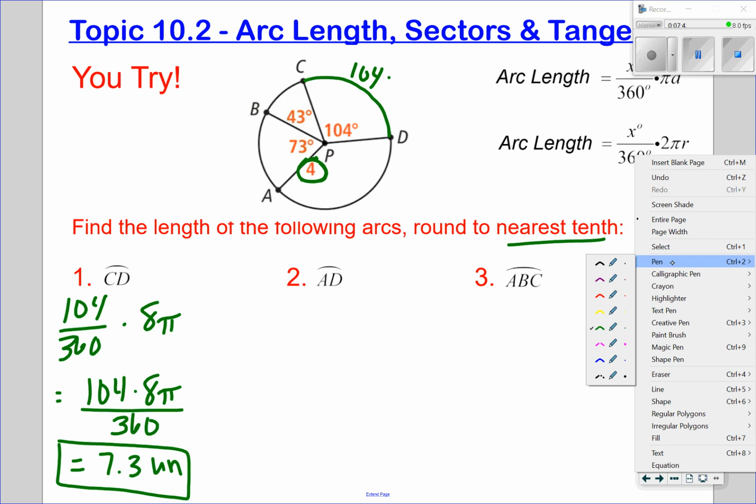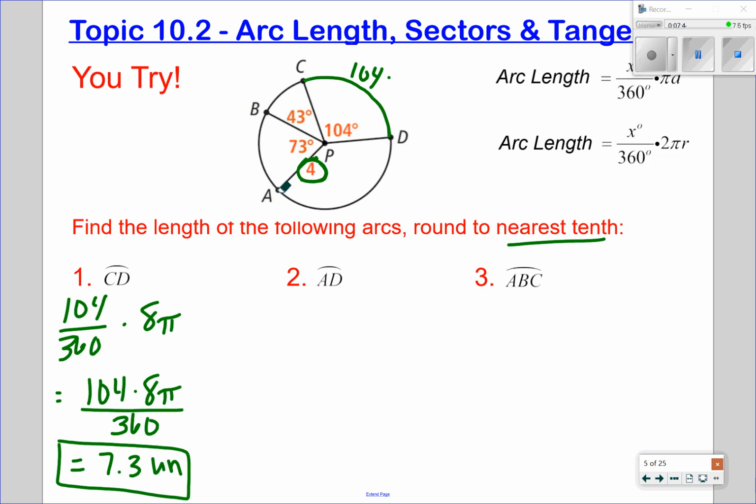For arc AD, you can go ahead, A to D, notice you go directly A to D. We don't stop through B or C, we go directly A to D. We need to figure out the measure of this. So the measure of this, we know all the other central angles, so we would do 360 minus the 104, minus the 73, and minus the 43.